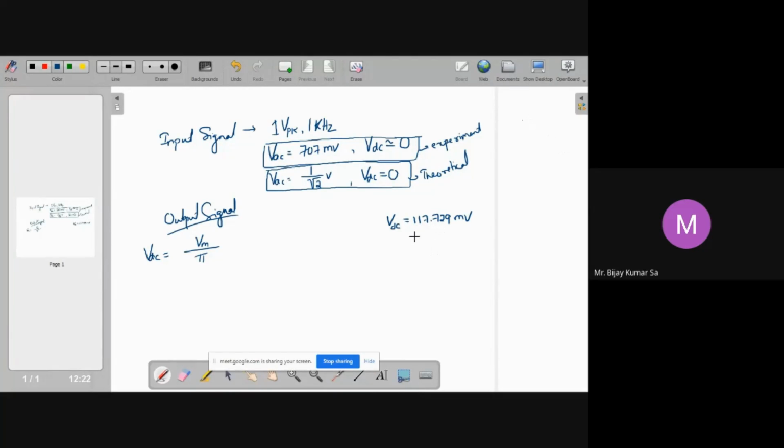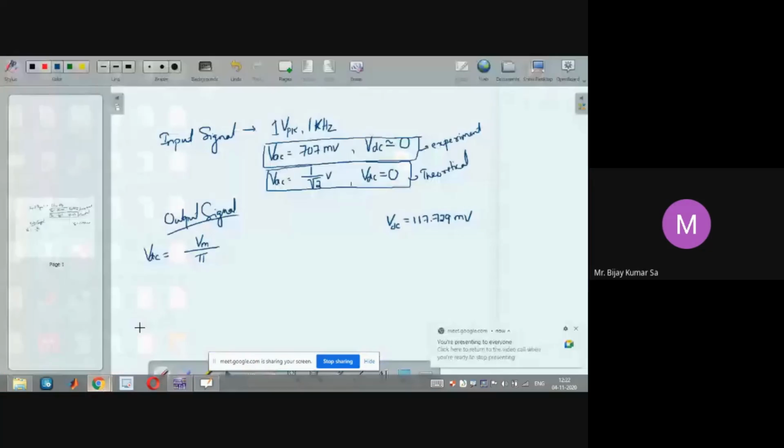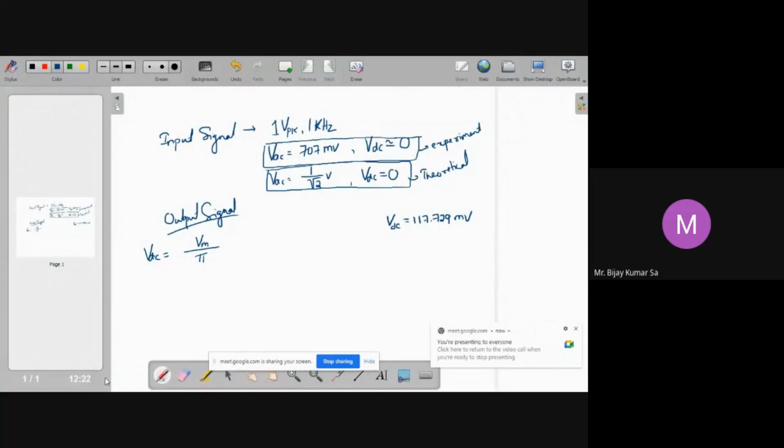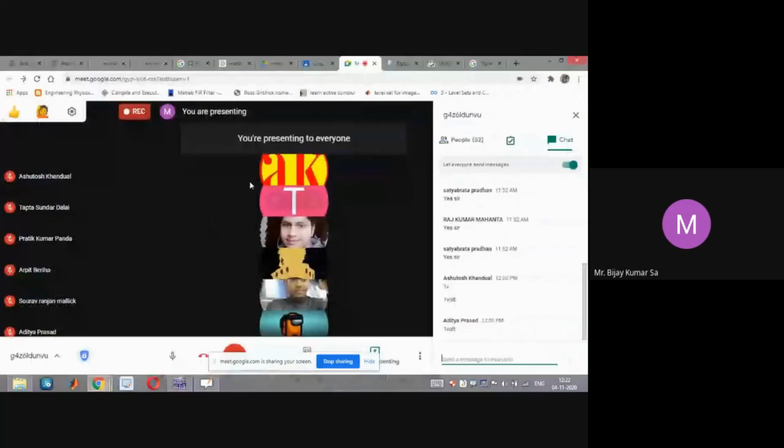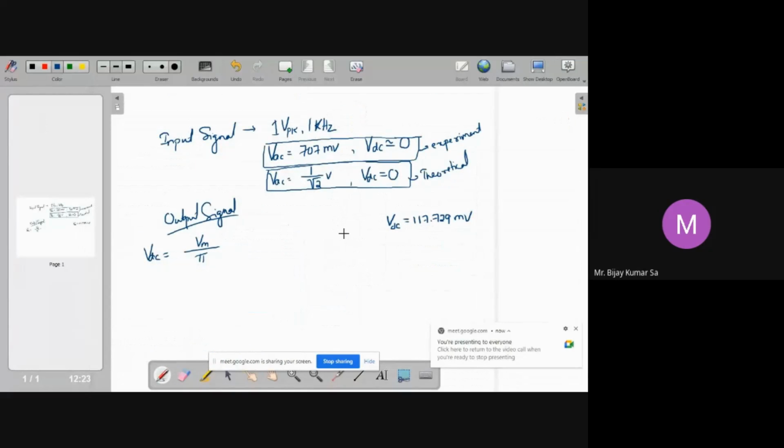When I calculate Vm upon pi, it gives me 0.318. So what is the reason? Vm by pi, what is it? That is 1 upon pi.